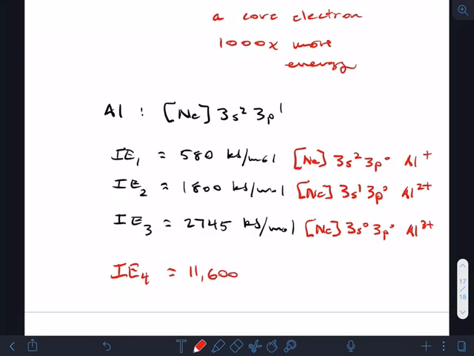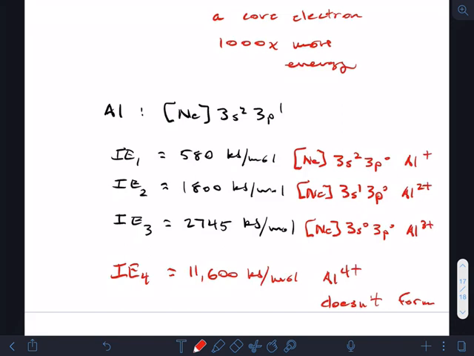If I try to go one step farther, it's going to cost me 11,600 kilojoules per mole. Aluminum 4 plus doesn't form.